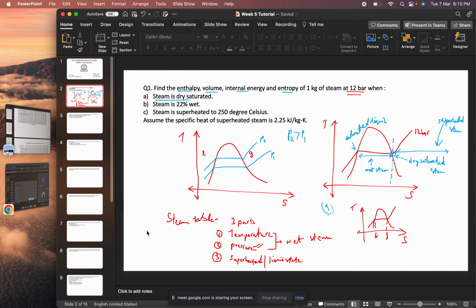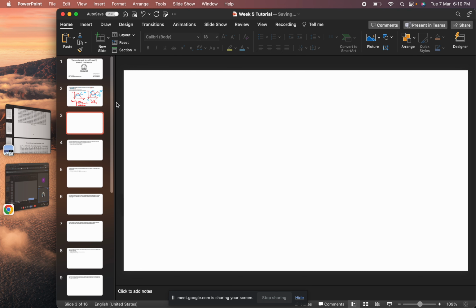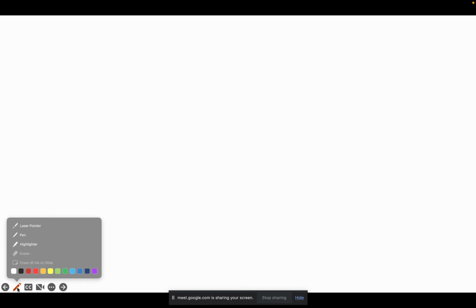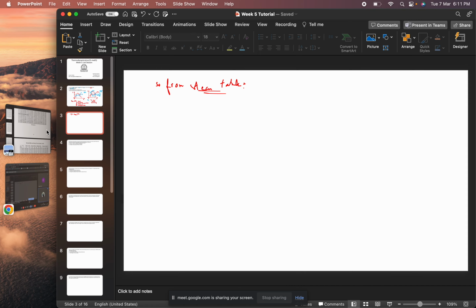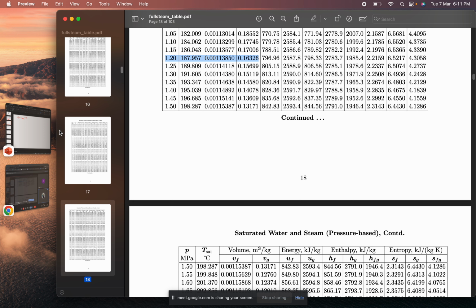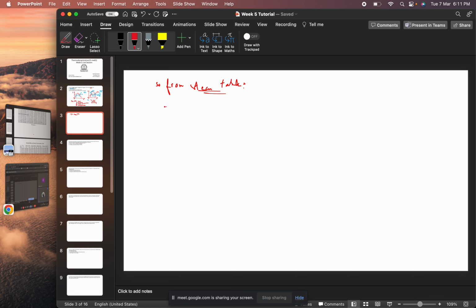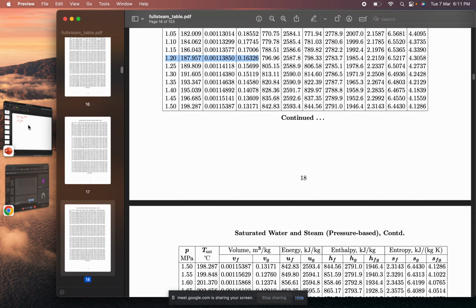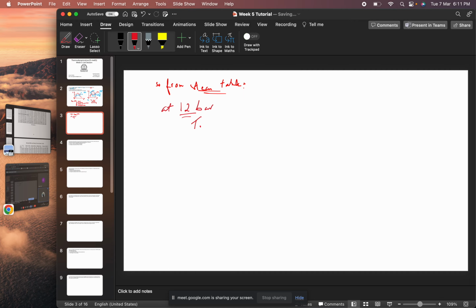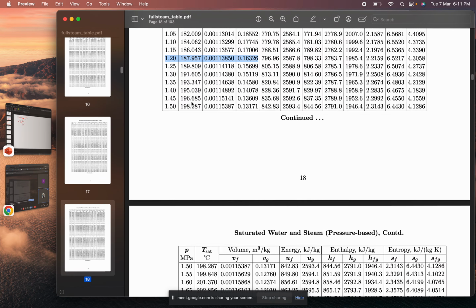Okay, let us calculate. Let's put a new slide. From the steam table, what we got is that at 1.2 megapascal, that is at 12 bar, the saturation temperature is 187.9.